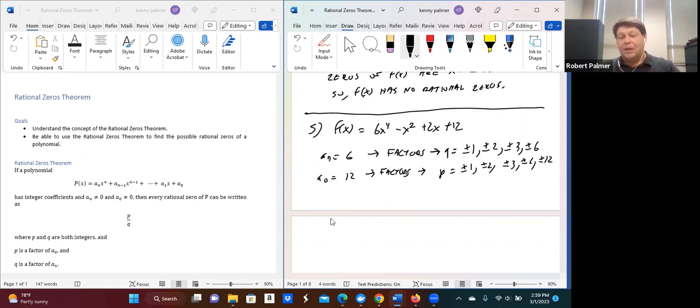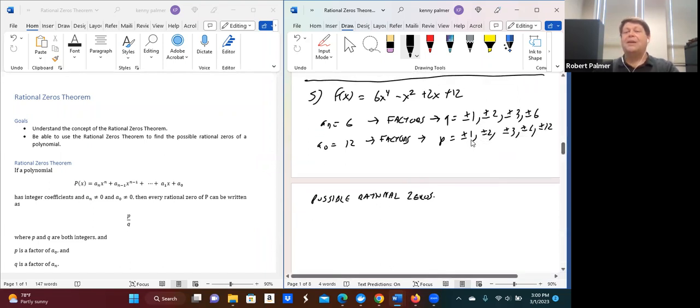Now if we think about our possible rational zeros, we have to divide each one of these by each one of those. Possible zeros are p over q.